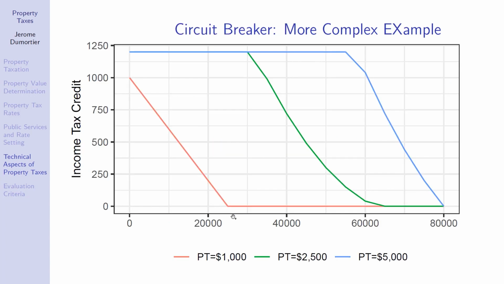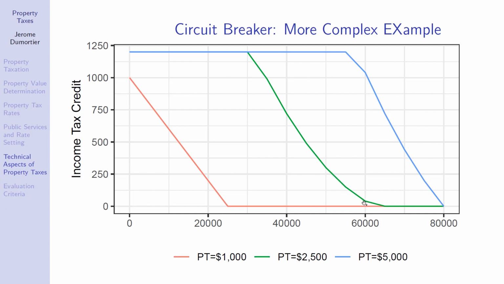So here you can see how this would actually work, or what the income tax credit would look like for three different cases, when we have a property tax of $1,000, of $2,500, and of $5,000. For example, if you are a household with an income of $60,000, then if your property tax bill was $1,000, you would not get any tax credit.